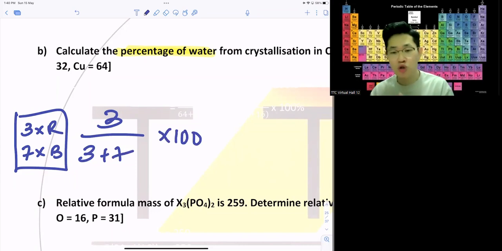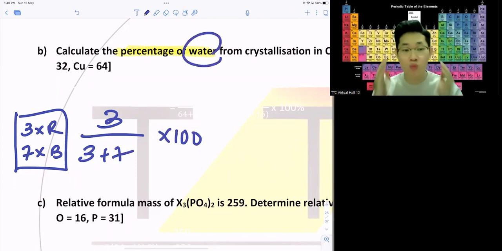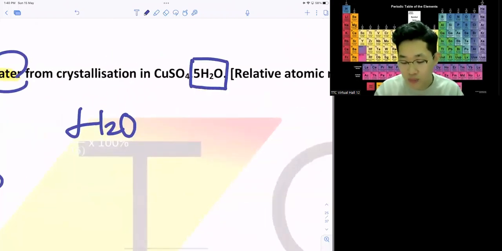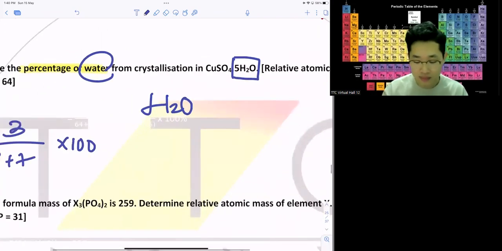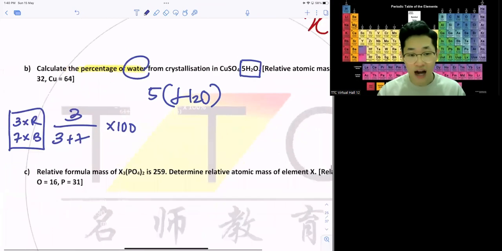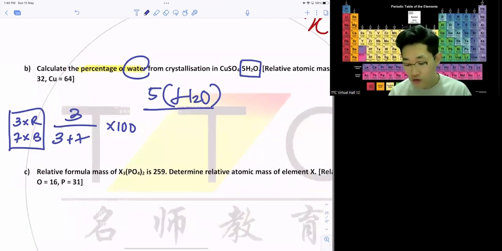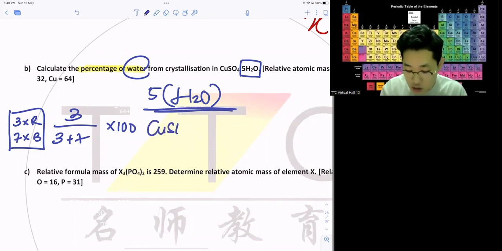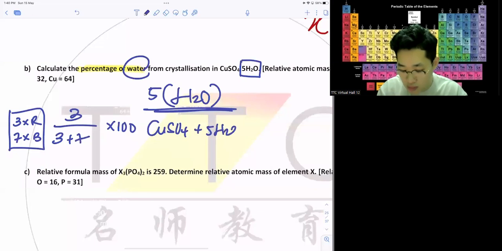So now we have to do the same thing, but for water. Water is H2O. How many H2O? 5 of them. 5 H2O, divided by the whole thing, CuSO4 plus 5 H2O.